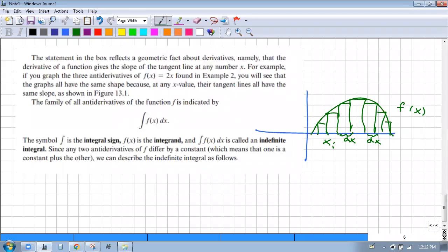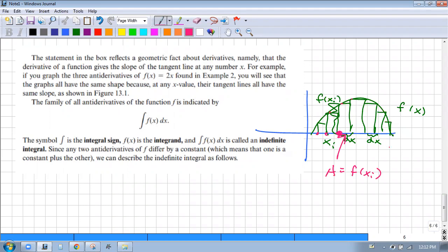They're all the same. What's the height? The height of this would be f of whatever that is, x i. So each one of these x values, you plug it into the function and you get a different y value, right? So the area of that rectangle would be f of whatever this x is times the width.